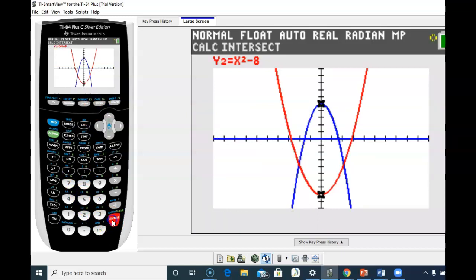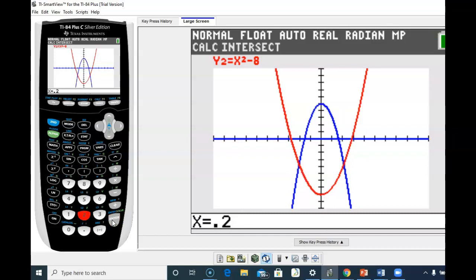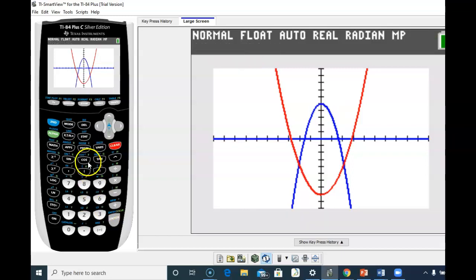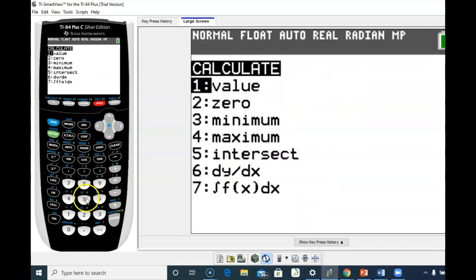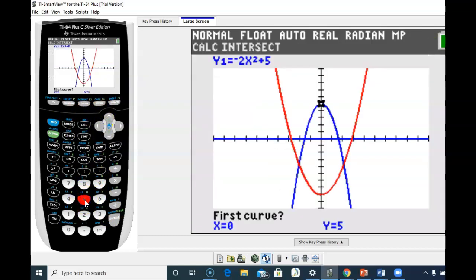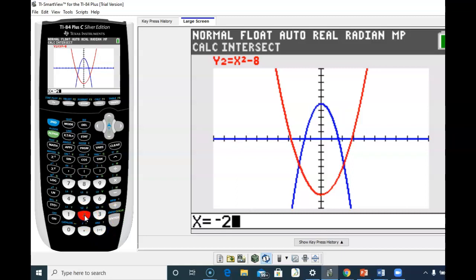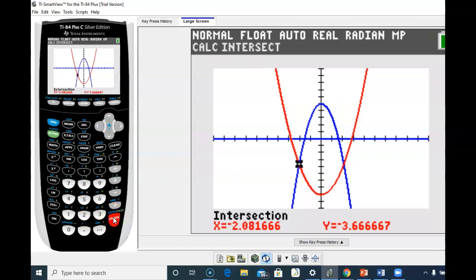First curve, second curve, and then I'm going to type in -2 for my guess. Actually, let me do that over again. Okay, so it's not exactly -2.